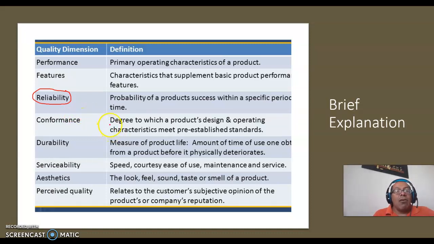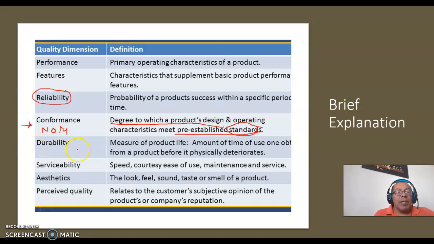Conformance. Conformance is the degree to which a product's design and operating characteristics meet pre-established standards. The key word here is standards. For instance, conformance to a specific norm, regulation, ISO regulation, or some sort of norm, standard, and regulation is what we talk about here on conformance.